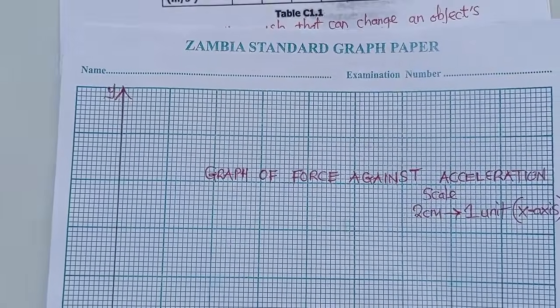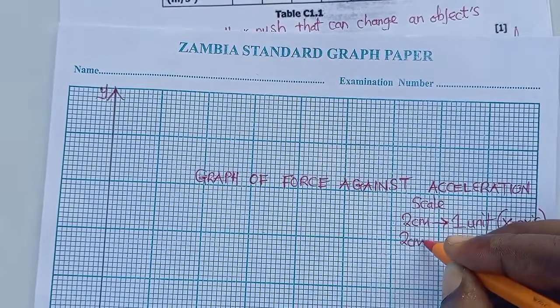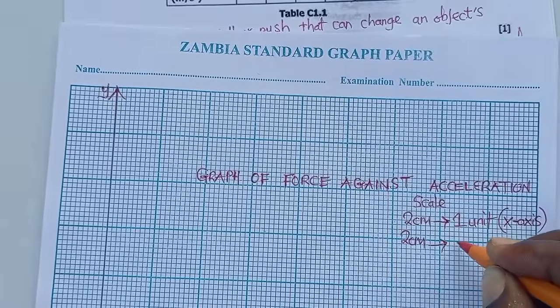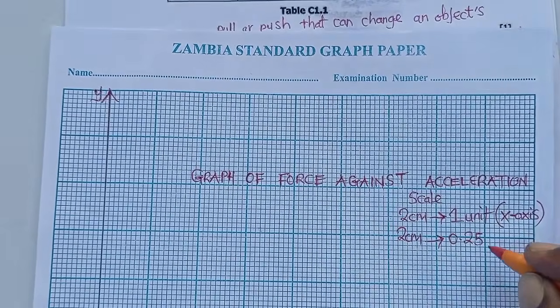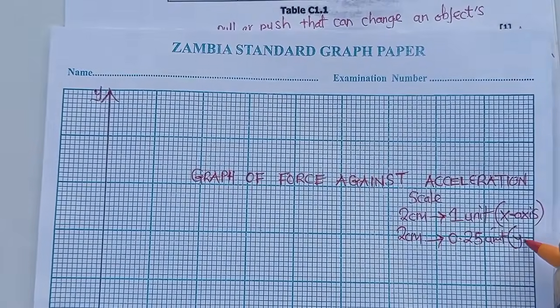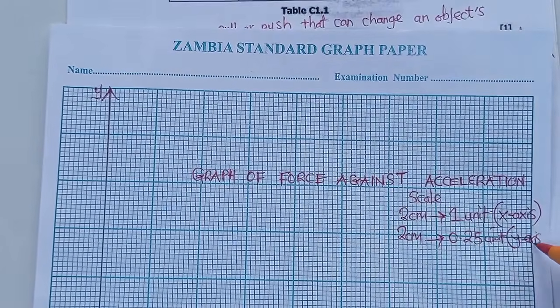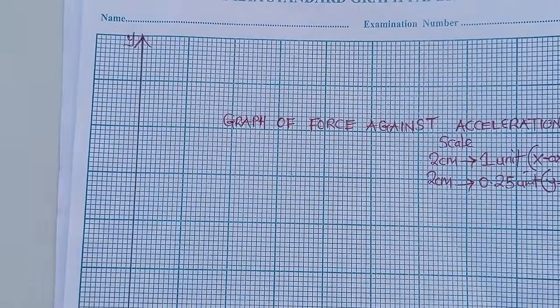So you can use a scale that you are comfortable with. So I'll just say 2 centimeters is representing 0.25 units. This is the y-axis. I know that in the y-axis, I'll be moving by 0.25.